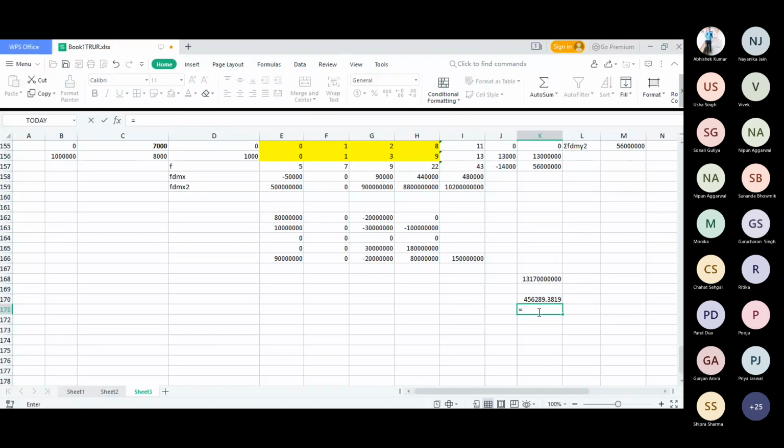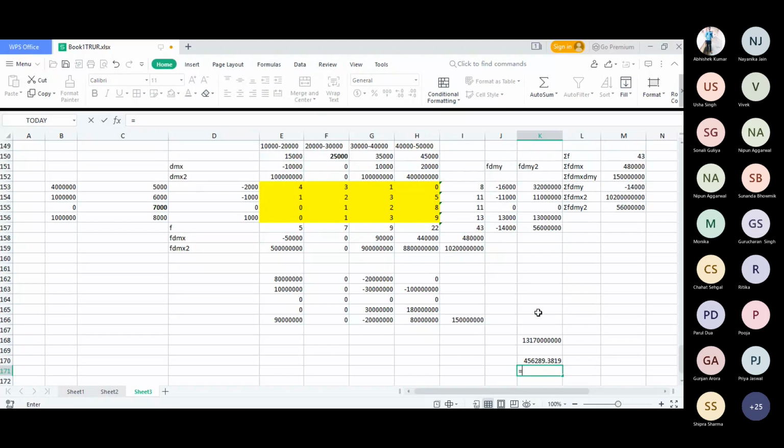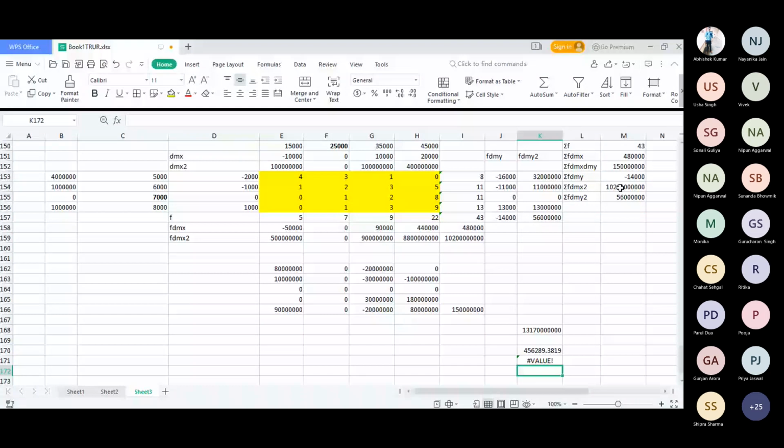Similarly, the second part of the denominator will be summation of f multiply by summation of f dmy square, which will be this value, minus summation of f dmy whole square, and complete under the root. One second.